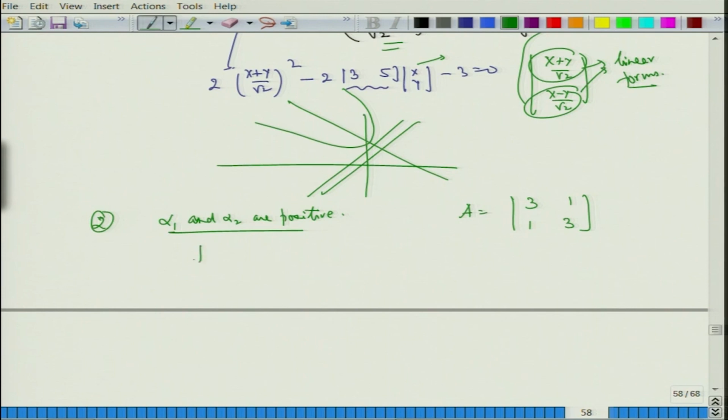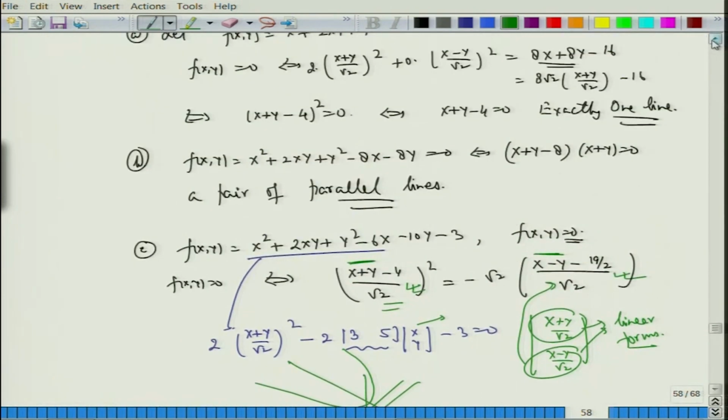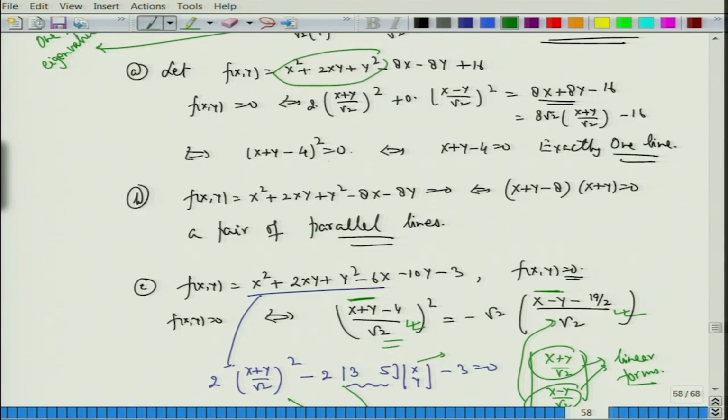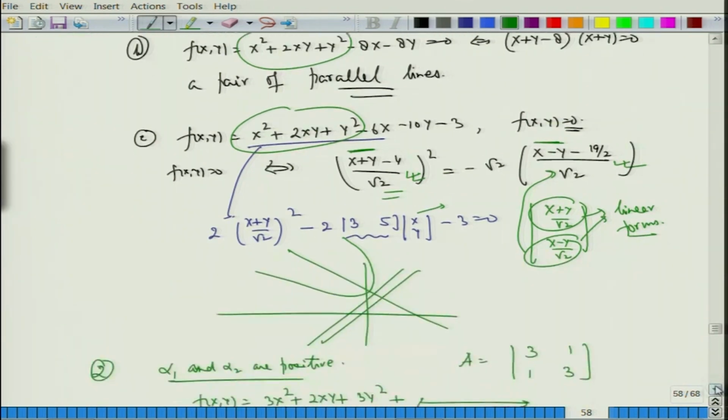What I am saying is that you take f of x y as 3x square plus 2xy plus 3y square, fix this part, and in the other part keep changing, all right. Look at this example, this is what I did. In all the 3 examples, this part is the same, and then I have made changes here to understand the different ideas. Is that okay? I want you to do the similar thing, fix them and look at different examples.